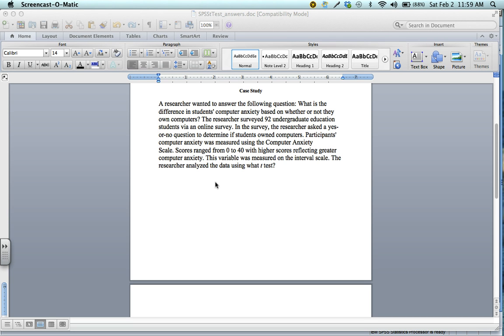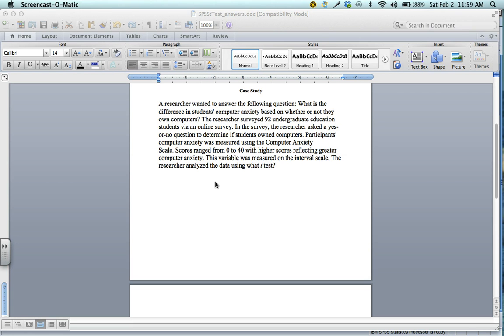The scores should be normally distributed, but the t-test is pretty robust, so you can get away with not fully meeting the assumption of normality. When we talk about normal, remember we're talking about a bell curve, meaning that the data fits pretty close to a bell curve. The dependent variable must be measured on an interval or ratio scale.